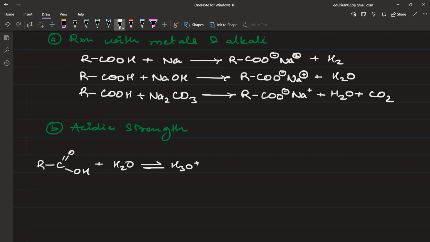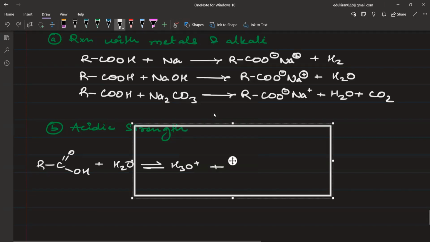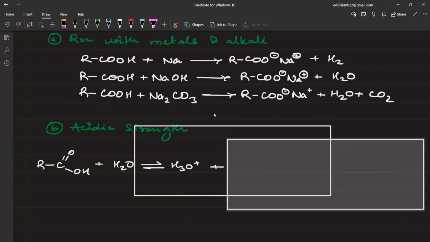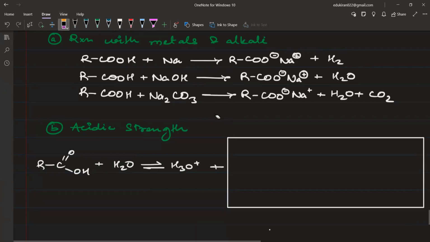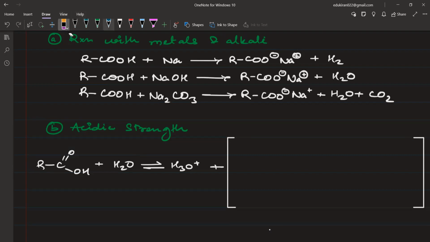Okay, this acid H plus is going to be liberated and it will be attacked by the water's oxygen atom. You will get H3O plus. Plus, we will get the conjugate base, that is R bonded to carbon, double bond oxygen, single bond oxygen, and a negative charge.